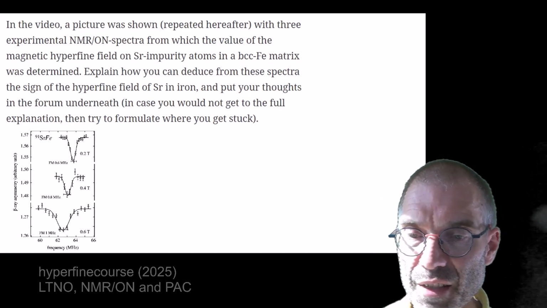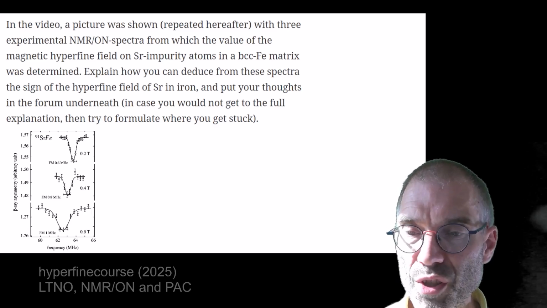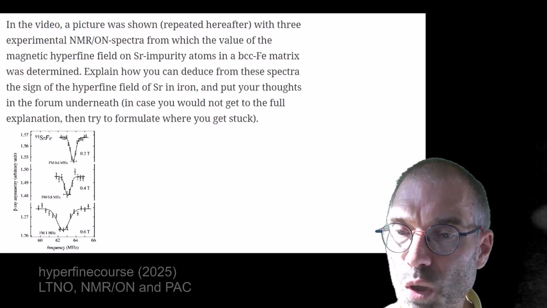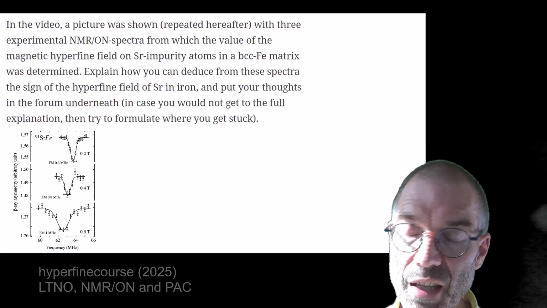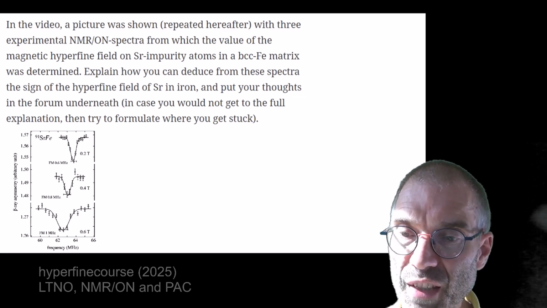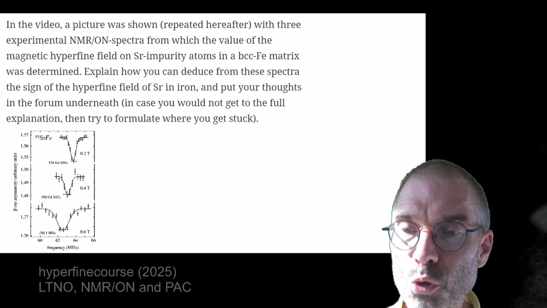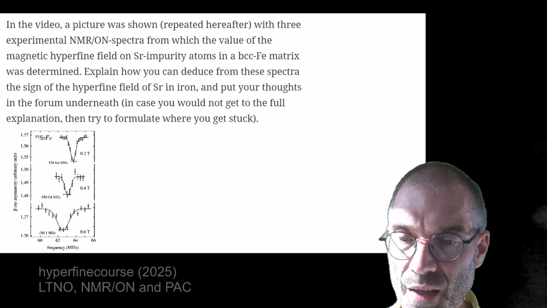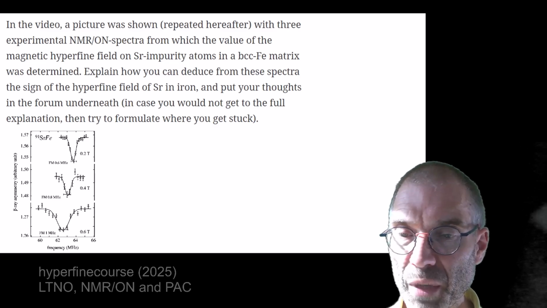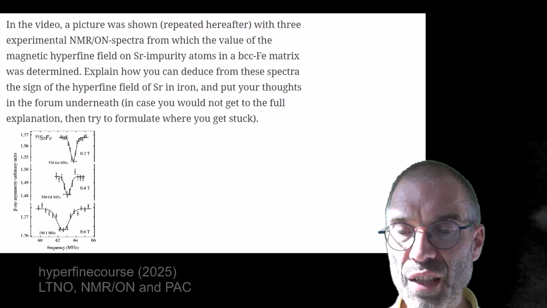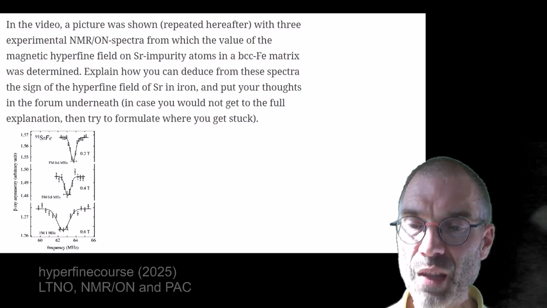The exercise about NMRON was this example of a measurement where you have 91 strontium nuclei and therefore strontium atoms that are included as substitutional impurity atoms in a BCC iron matrix. You apply an external magnetic field to this of 0.2 Tesla, 0.4 Tesla, 0.6 Tesla.